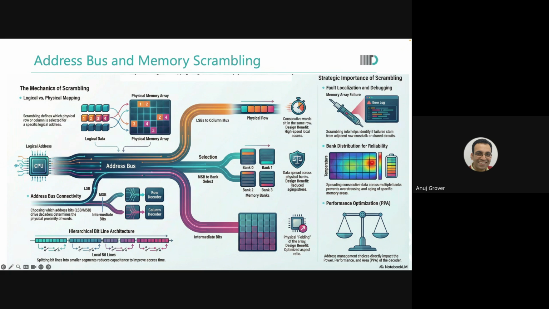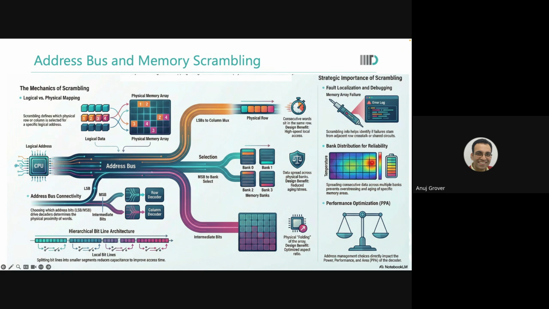So scrambling information about the memory is a kind of a key, kunji, as they say, it's a key to identify what is the physical location of a logical address. Are you with me?